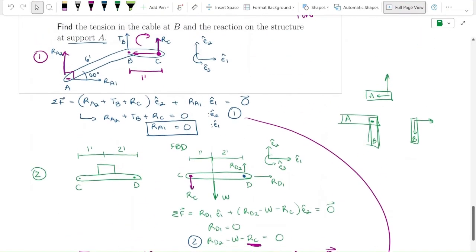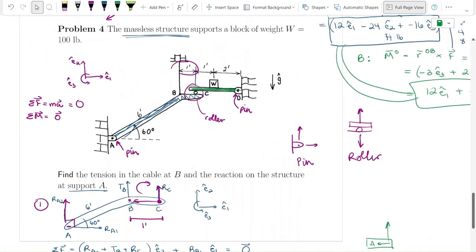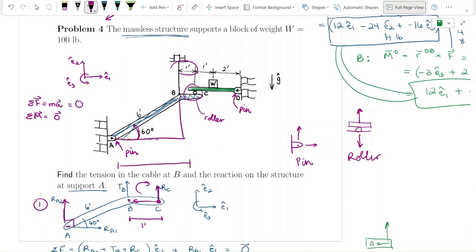So we have RA, and we define this distance from A to C. So from the problem, we have this is 60 degrees. So a distance horizontally from A to B is just like the legs of a triangle, right? So you have cosine of 60 times 6 is equal to this distance here. And so cosine of 60 is 1/2. So this is just equal to 3 feet.